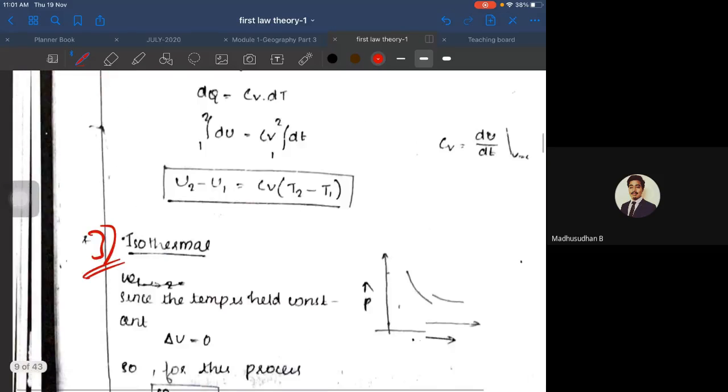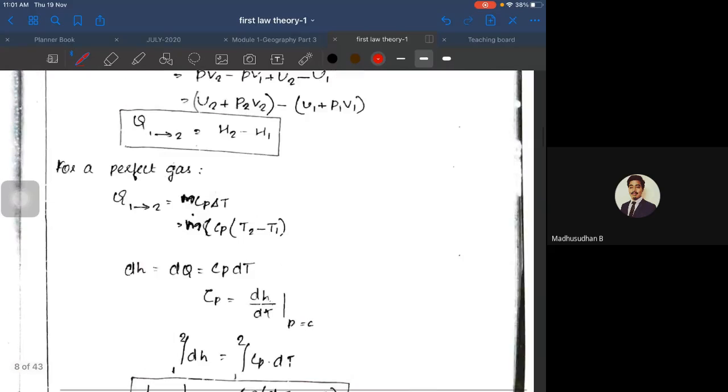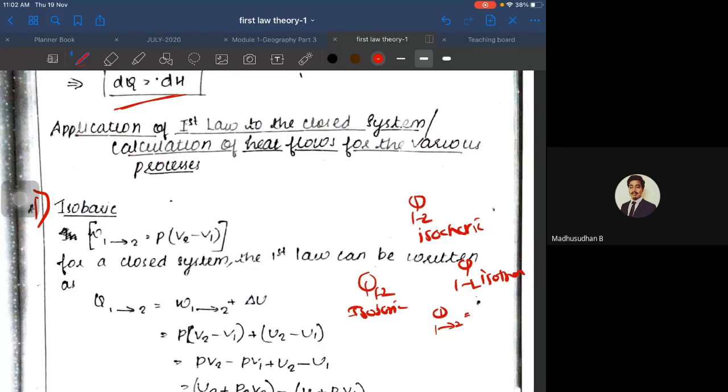Application of the first law to all these five processes will lead you to calculate what is Q 1 to 2 for isobaric, for isochoric, for isothermal, for adiabatic, and for polytropic.